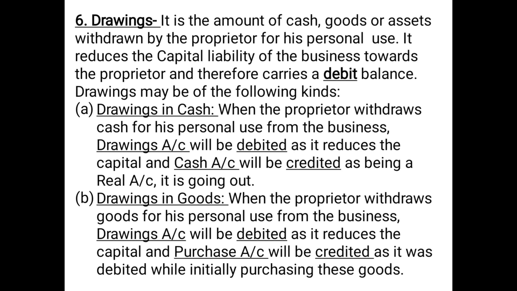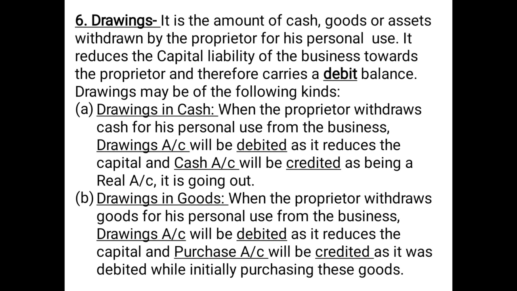Drawings is the amount or asset or anything, whether in cash or in kind, withdrawn by the proprietor or the owner for his personal use. And we have also discussed that since drawings is the amount or anything withdrawn by the proprietor for his personal use, therefore drawings reduces capital. It reduces the liability of the business and therefore drawings is debited always.